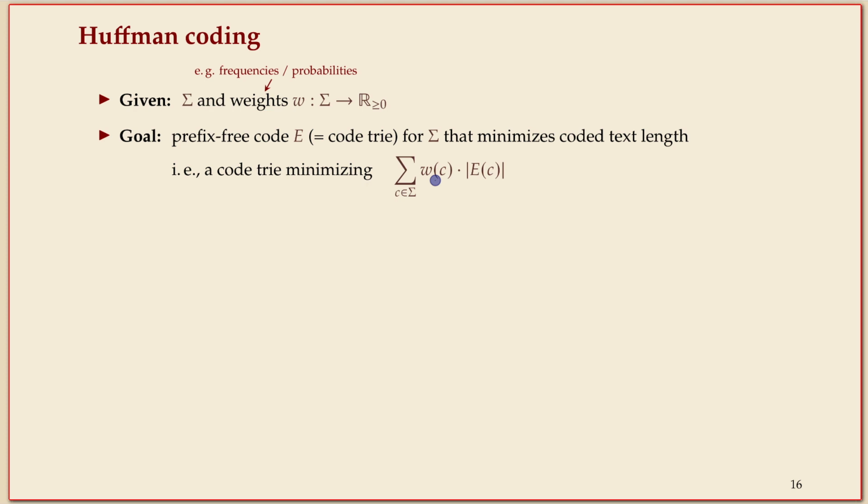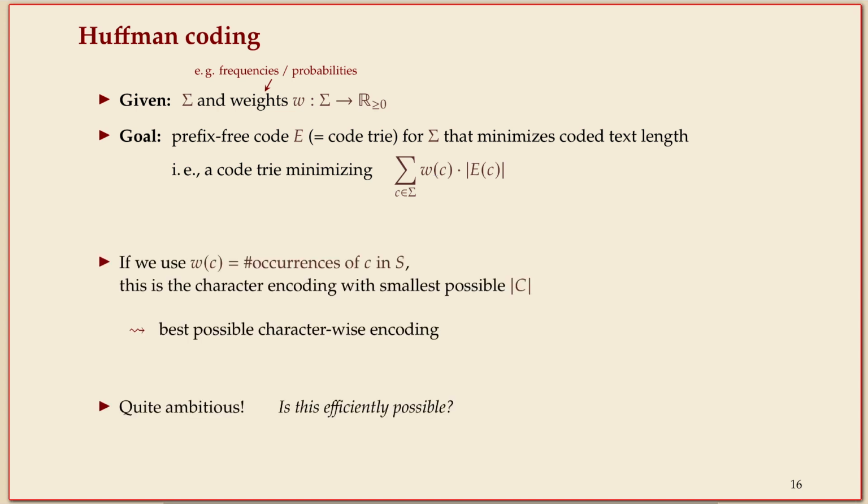The special case when the weight is the number of occurrences of a character in some source text, then this sum is exactly the total size of the coded text. Right? Each character c occurs w(c) times in the source text. So you will have to write down its code word w(c) times, and it needs length ℓ(c) bits.